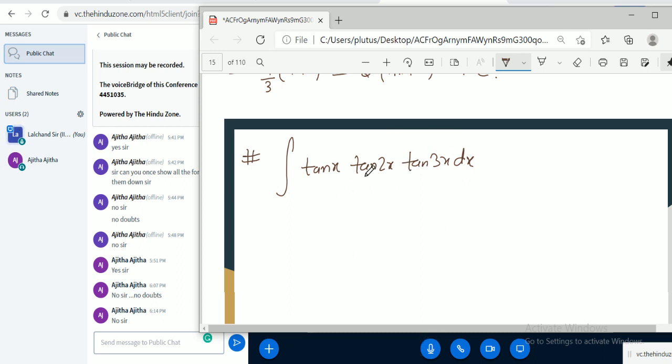Okay, so if we write tan 3x as tan (2x plus x), then this formula will be (tan 2x plus tan x) divided by (1 minus tan 2x into tan x).